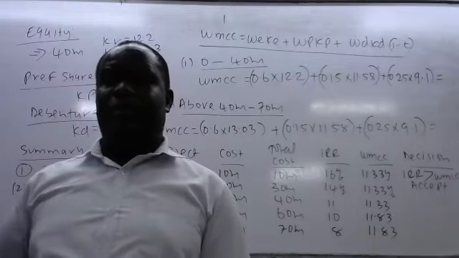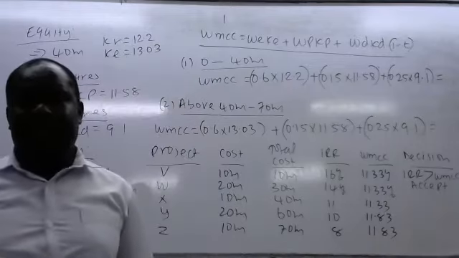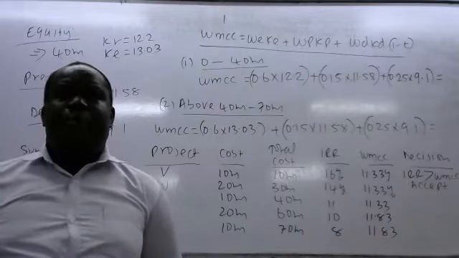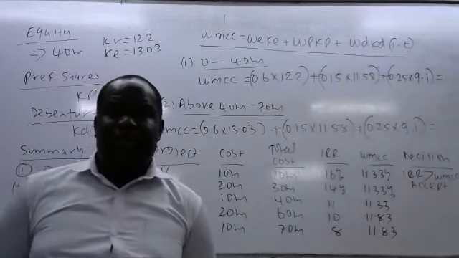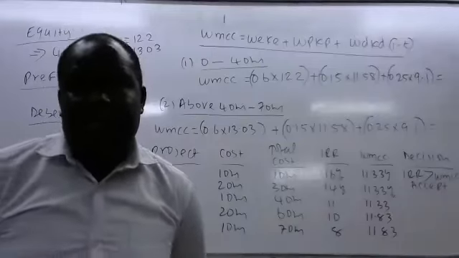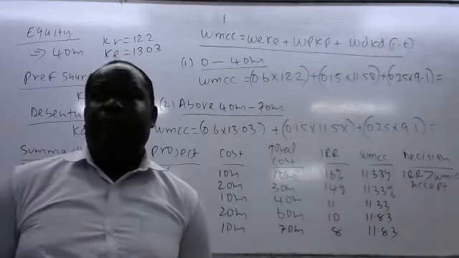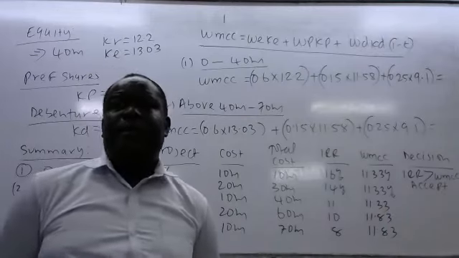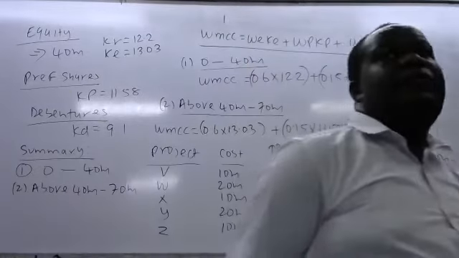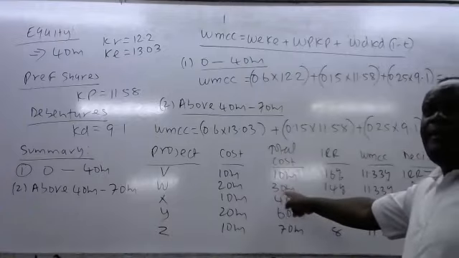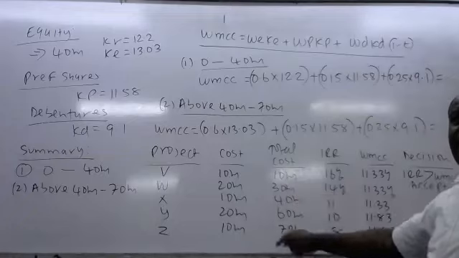So we can write something about the optimal capital budget. We can note that the optimal capital budget is the total cost of all the accepted projects, i.e. 30 million.